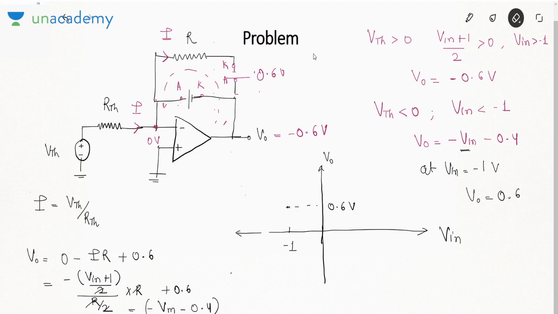Negative slope means the curve will be like this. What about when Vin is greater than -1? The output is minus 0.6. So this will be the graph. This is minus 0.6. So below -1 it is minus Vin minus 0.4 and above -1 it is minus 0.6. So that will be the transfer characteristics of the circuit.